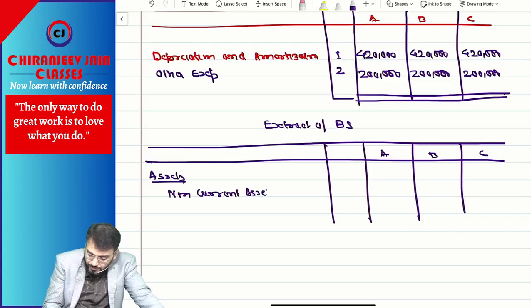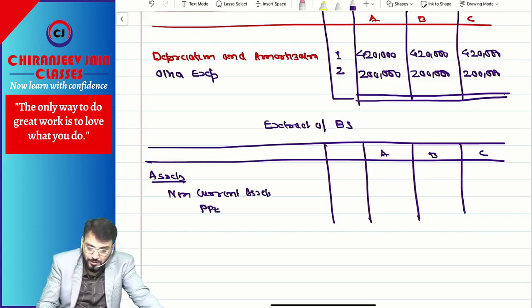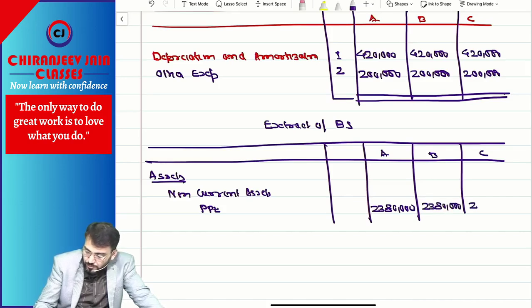Under non-current assets, PP. Can you give me divide by 3? Total PP we know how much? 23 lakh 80,000. If you want to prepare notes, prepare what?